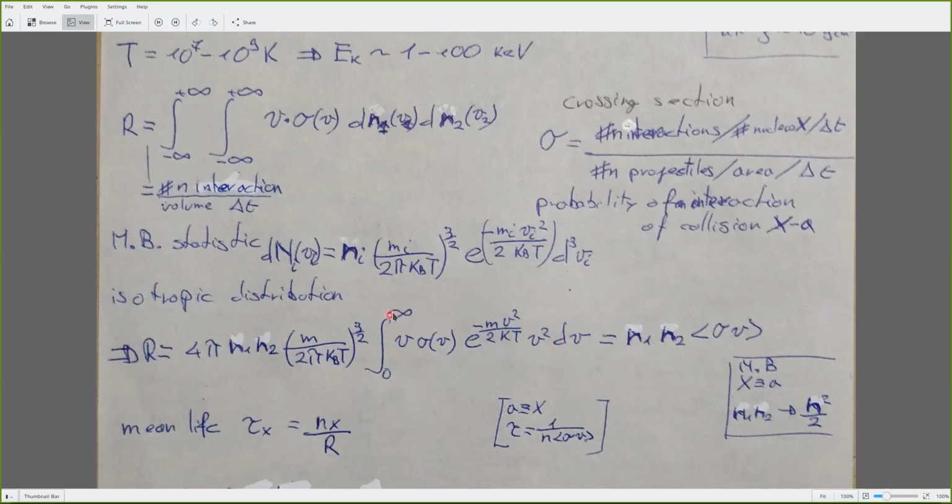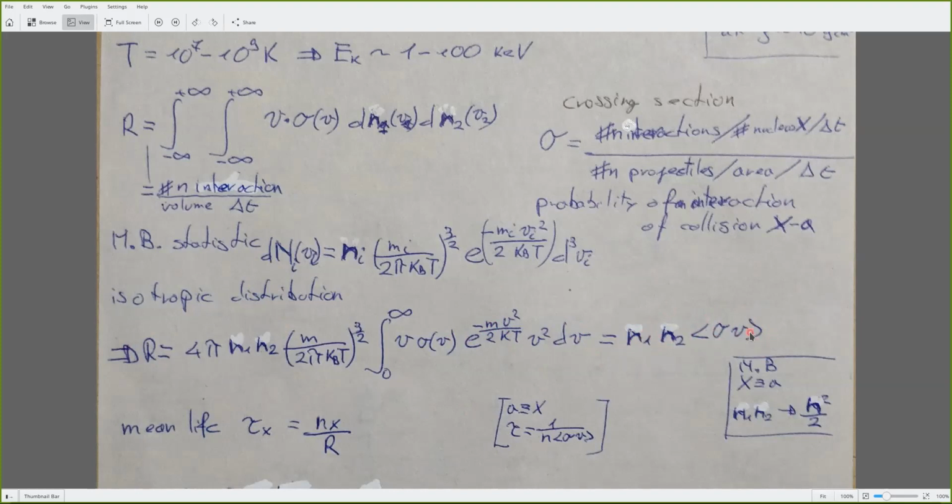Here it's 0 to infinity because it's the module, since it's isotropic, so it's equal in all directions. You can just consider the module of the velocity, not also the direction. So at the end, the rate is the multiplication of the numerical densities of the two particles by this value, that is the mean of the product of the cross section and the velocity.